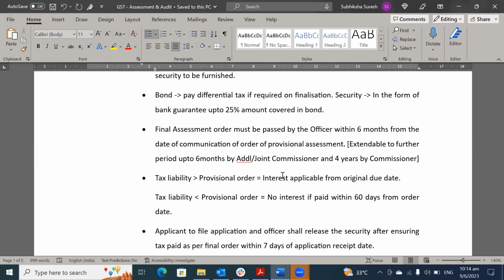If the tax liability under the final assessment order is more than the provisional order, interest at 18% will be calculated and paid by the registered person. If the tax liability is less than the provisional order, interest will be paid by the department if the payment is made after 60 days from the date of final assessment order.